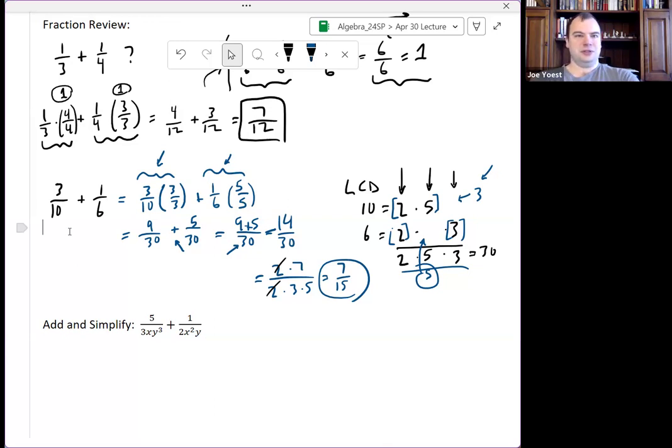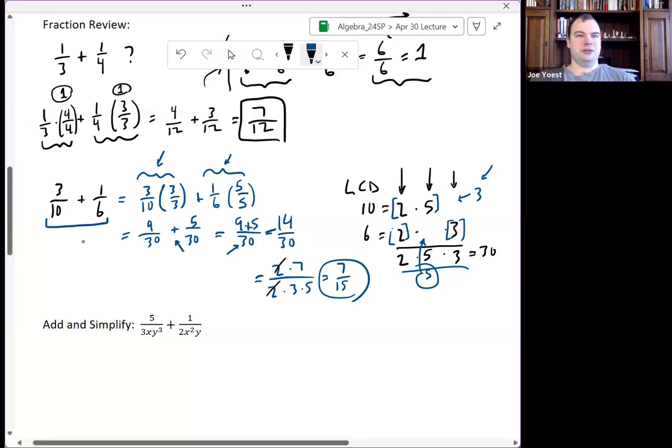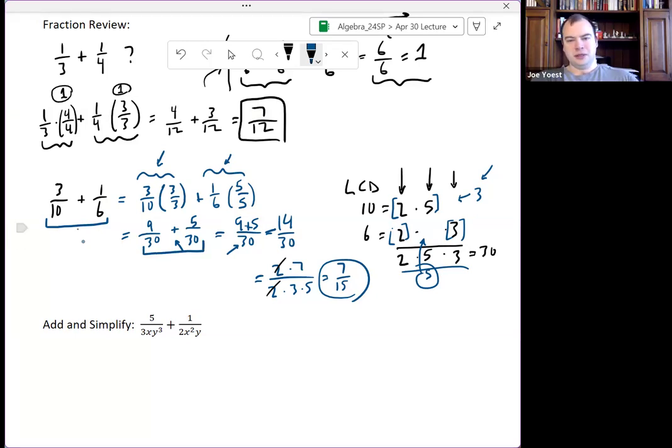So I would say, instead of just writing down steps and rote memorizing them, and it's easy to get two of them backwards and get a little confused, understand overall the strategy that we're trying to do. We're trying to go from a sum or difference of fractions with unlike denominators, which is kind of hard to deal with, to a sum or difference of fractions with like denominators. This is really the key step.